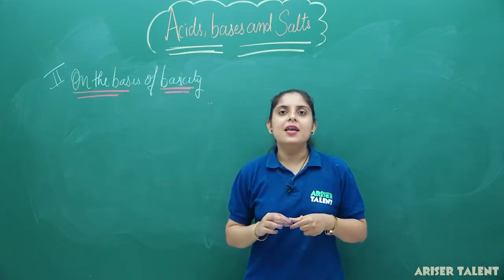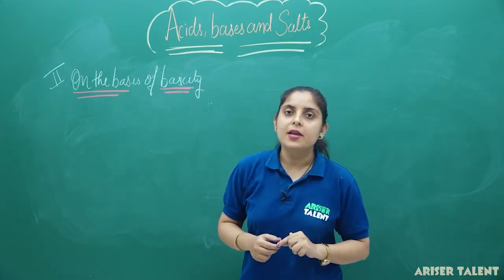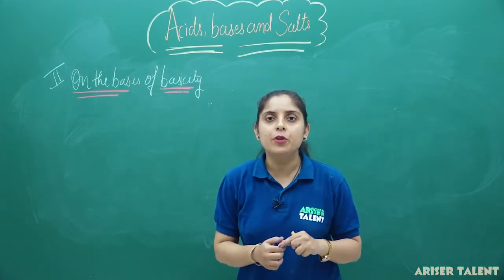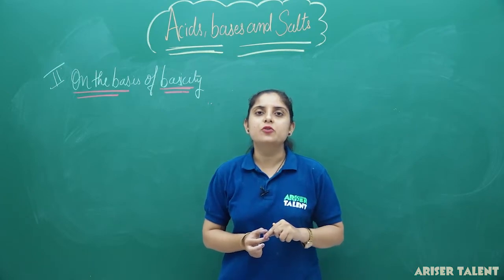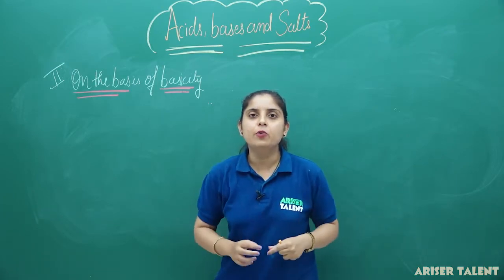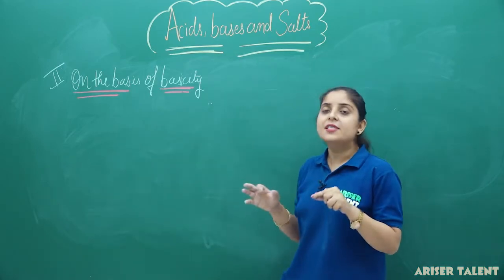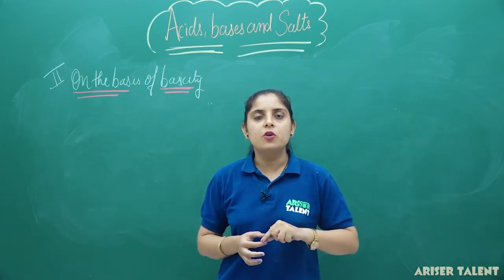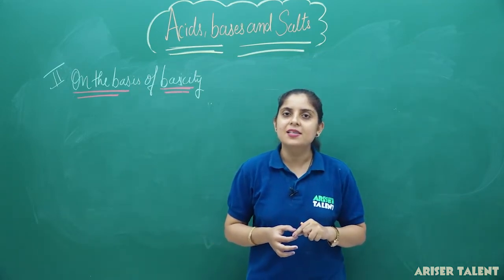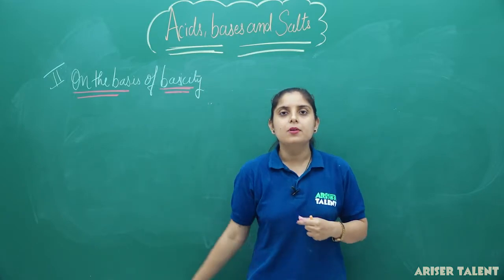Basicity means the acids which are going to give you hydronium ions in the solution. Now you will ask me, ma'am, what is a hydronium ion? So the hydronium ion is actually the H plus ion, but in the case of acids and bases, it is simply denoted as H3O positive ion. Clear? So the substance which is capable of giving H3O positive ions will be known as an acid, and basicity will be determined only by the amount of hydronium ions.